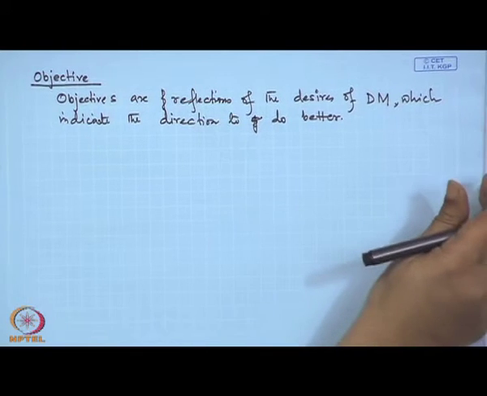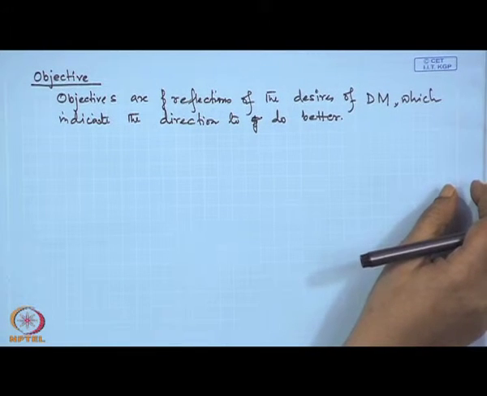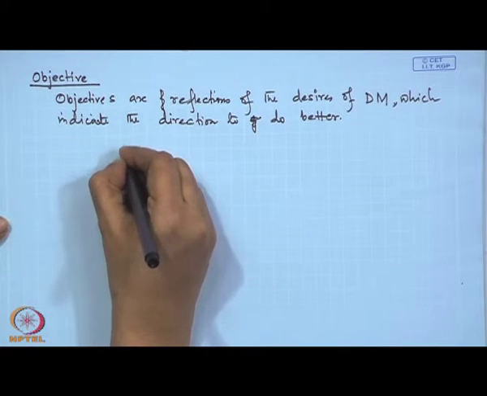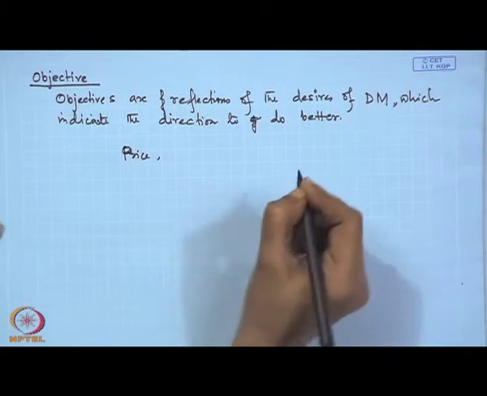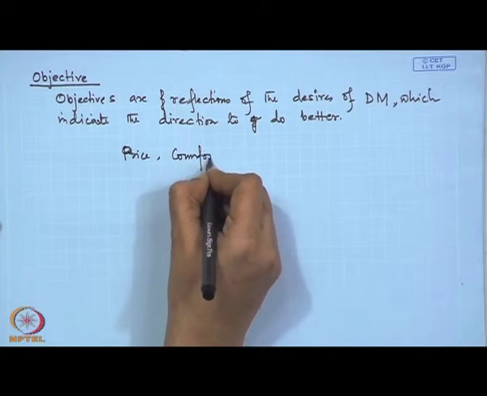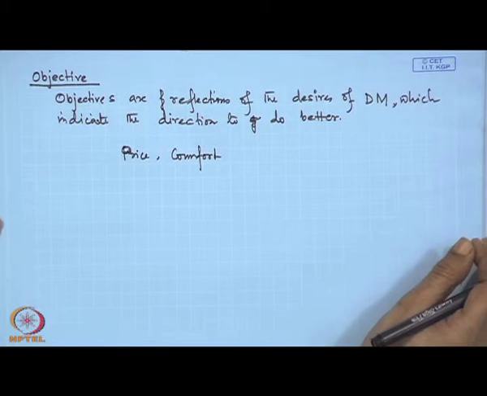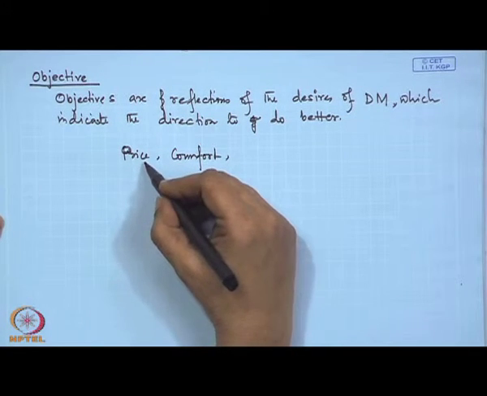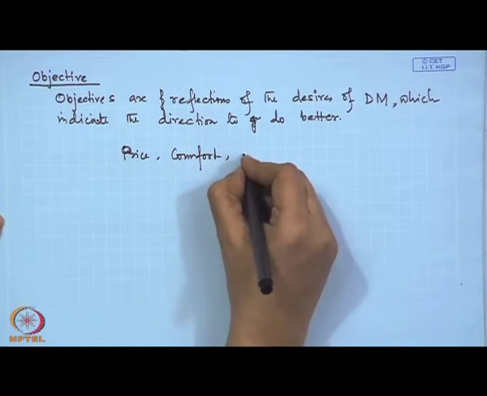Thus, in the car selection problem, our objective could be the cost, that is the price of the car, and another objective could be comfort. We want to maximize all the values, price, comfort.